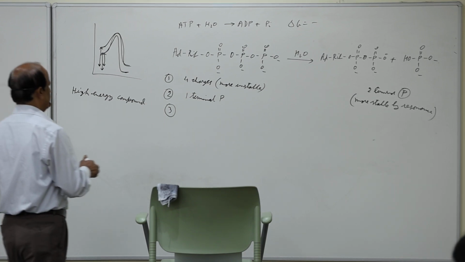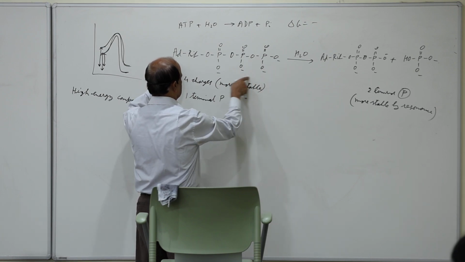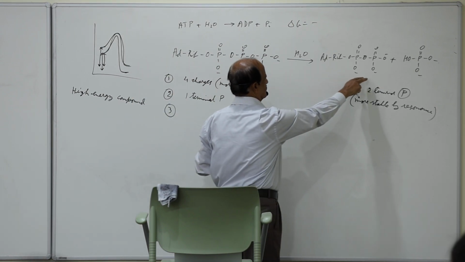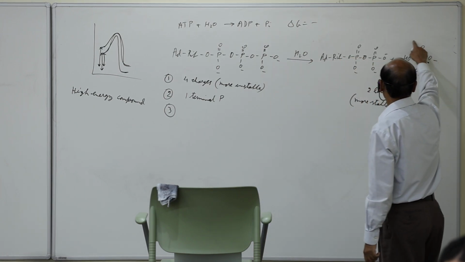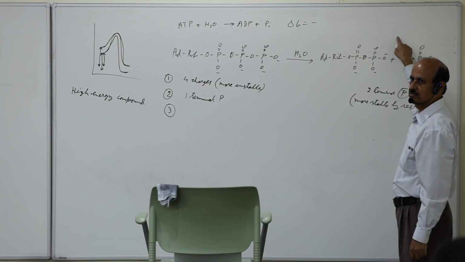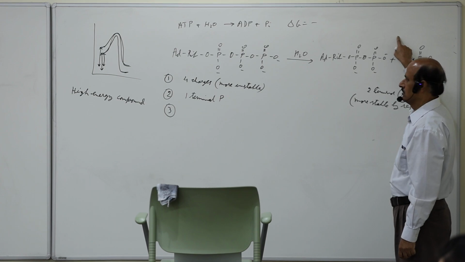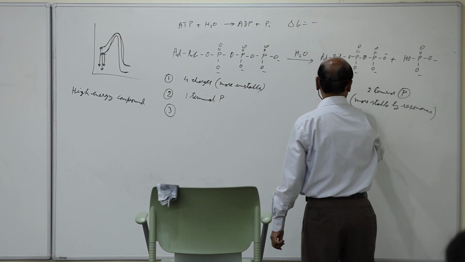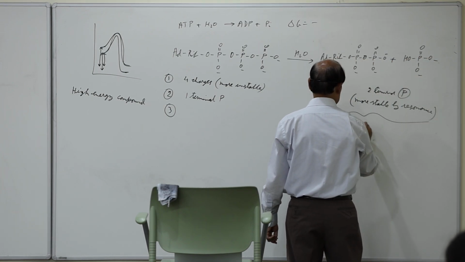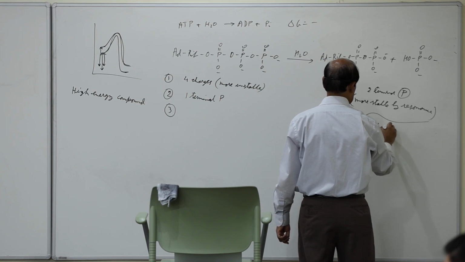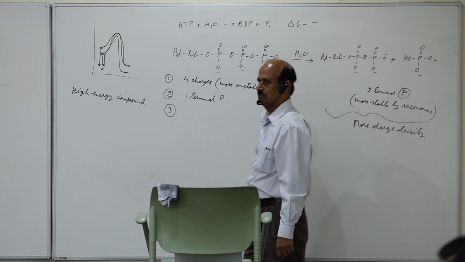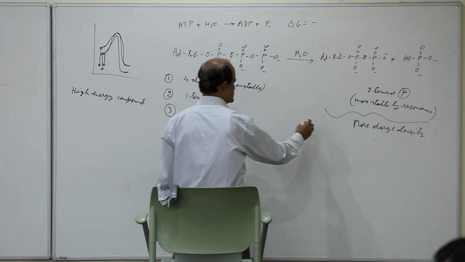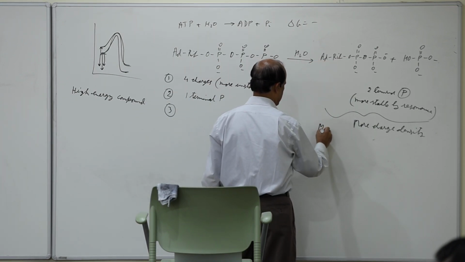So here you have charges on a bigger molecule compared to charges on a smaller molecule. And here you have two charges on a very small ion, which is the phosphate. So on this side there is more charge density, and more charge density means more energy of hydration.